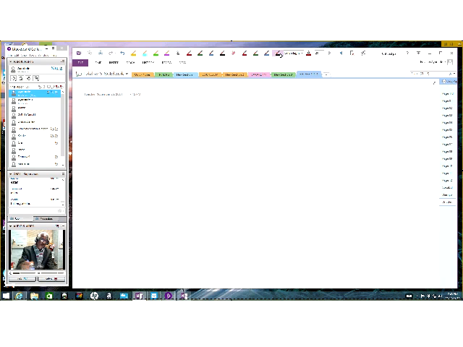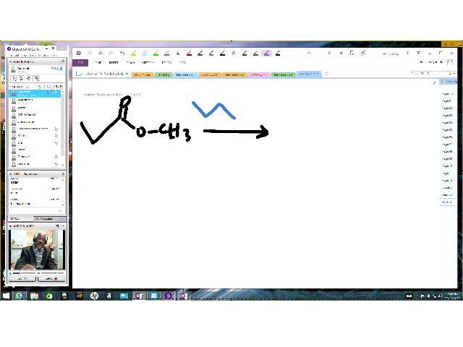So we have this ester here, and then we have this Grignard. So we have that Grignard reagent.